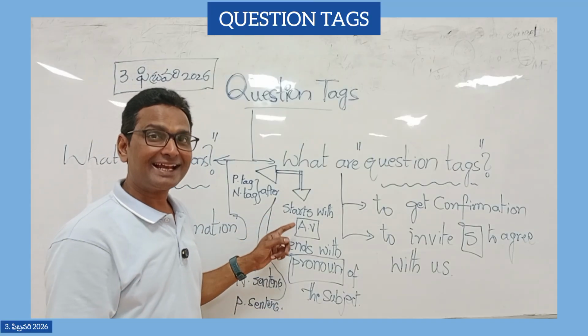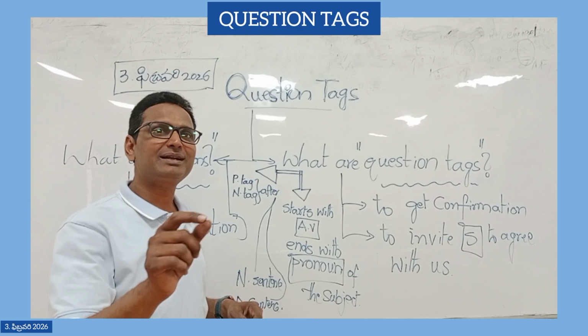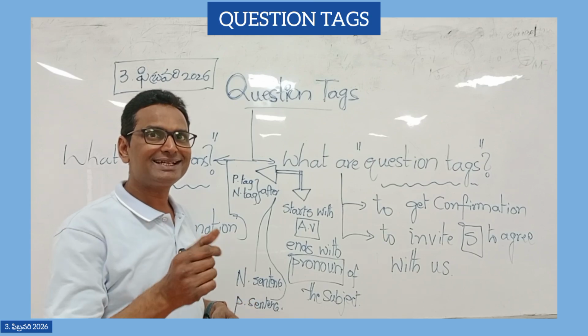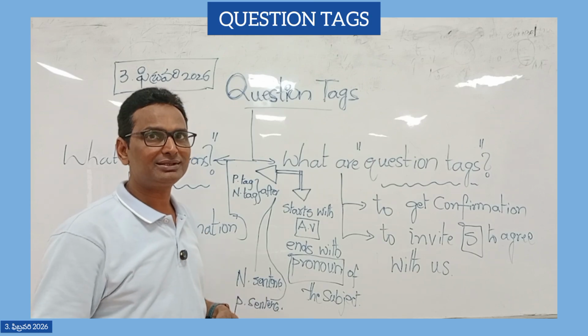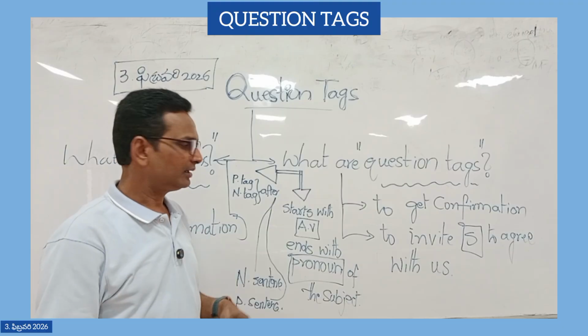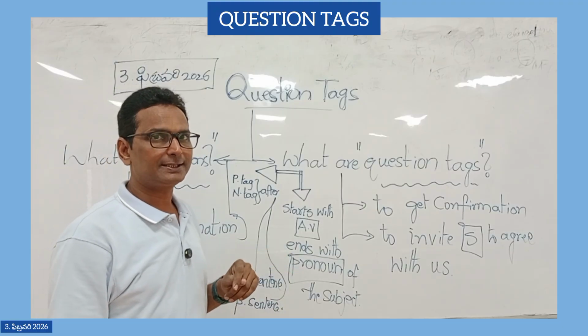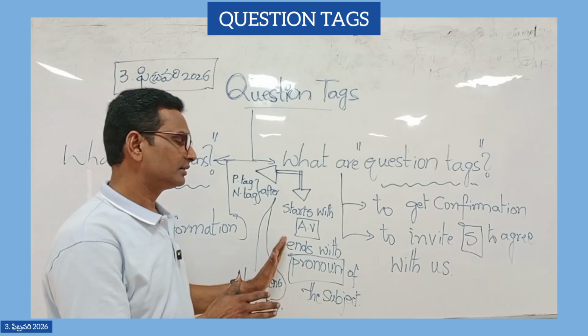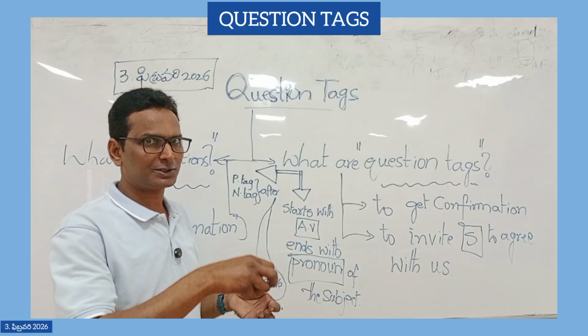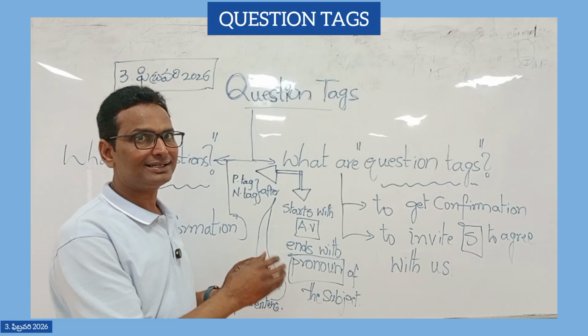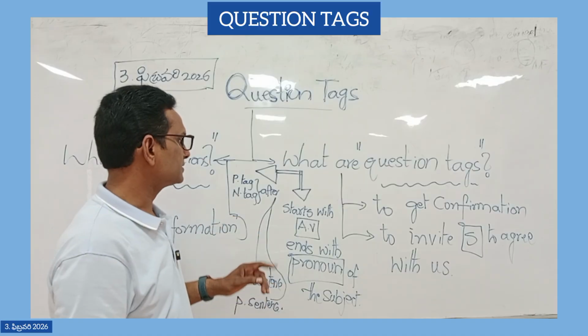It starts with an auxiliary verb. Auxiliary verb is a grammatical terminology. Its equal term which we use in grammar is helping verb. It ends with the pronoun of the subject in the given sentence. This should be very clear. This is structurally how a question tag is made, and this understanding is primary and necessary for us.